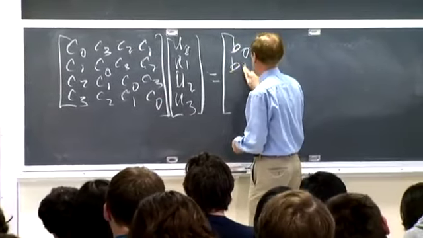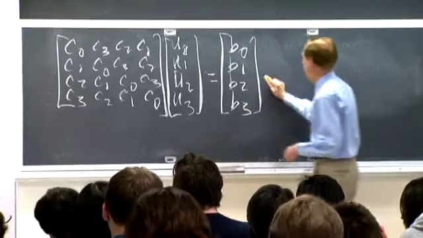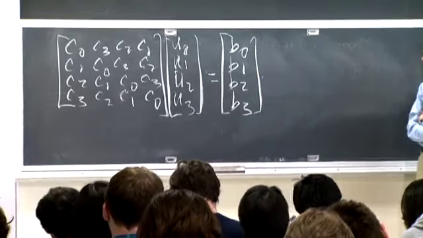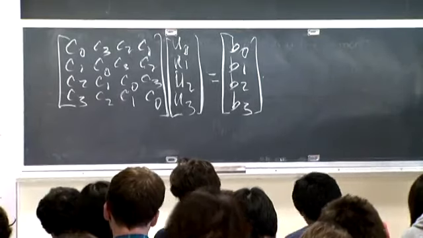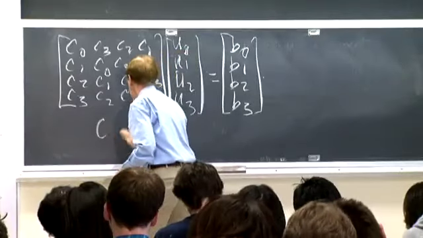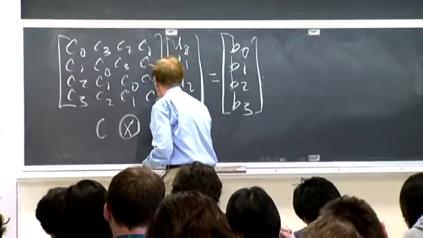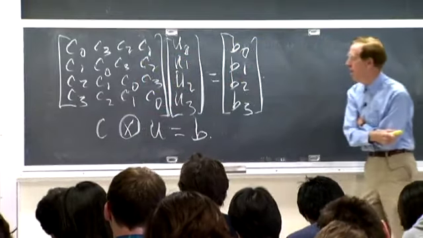So this is just B0, B1, B2, B3. Okay. That's our equation. Special type of matrix, circulant matrix. So this is literally the same as C circularly convolved with U equals B. I just wrote it out in matrix language.